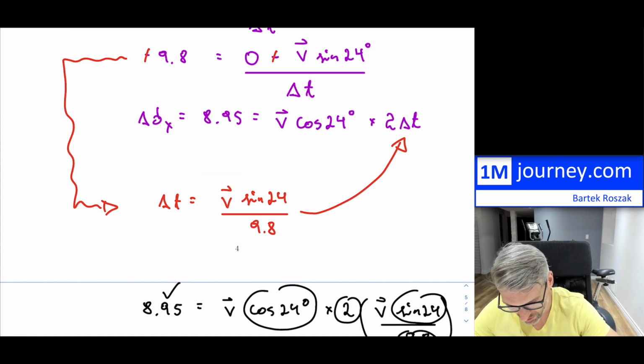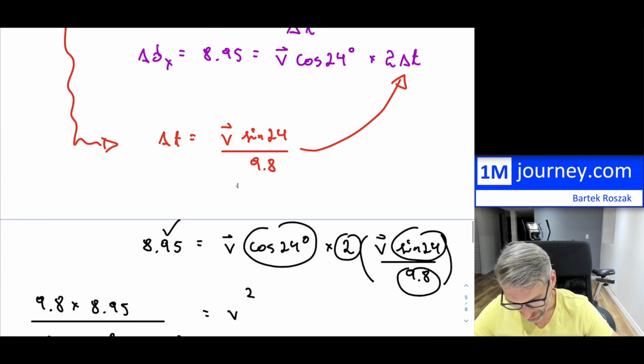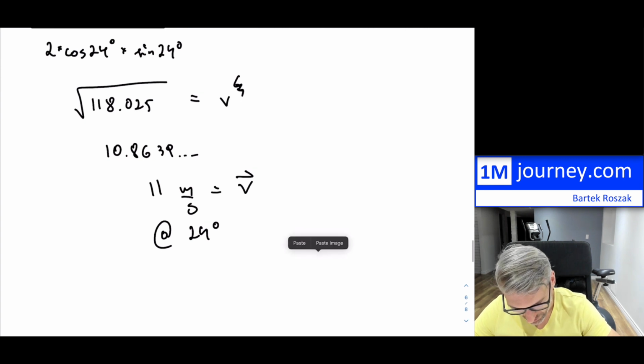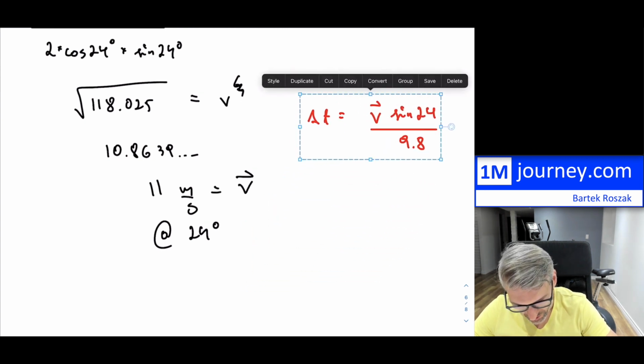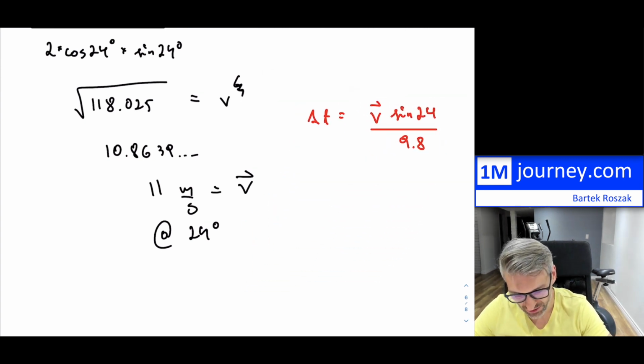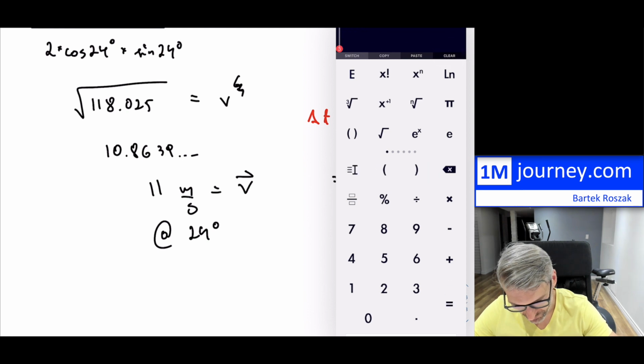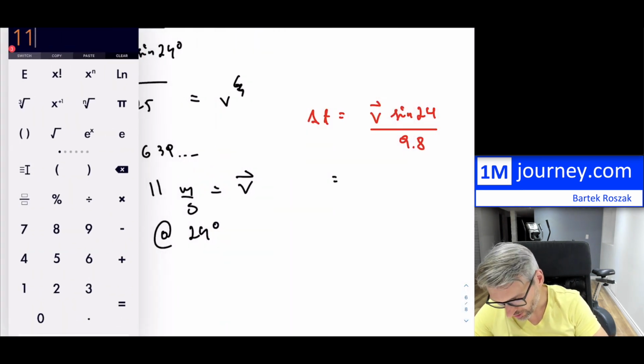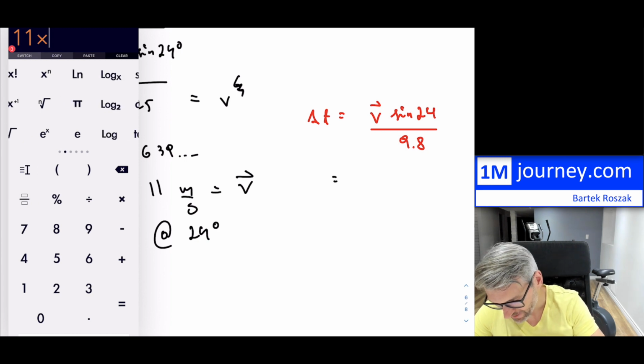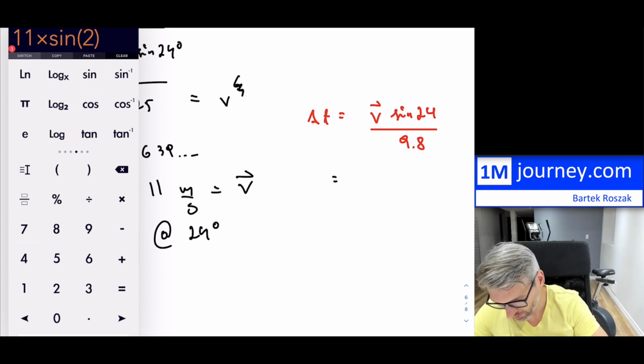I'm going to copy it and bring it down, so I can substitute the delta t in here. So it's approximately 11 multiplied by sine 24, and this whole thing is divided by 9.8.